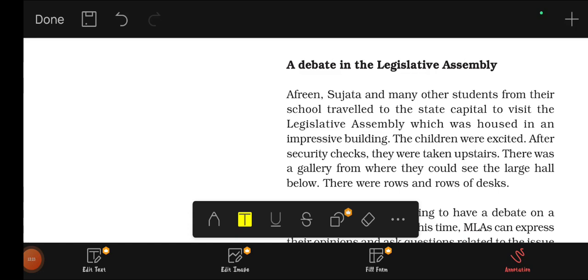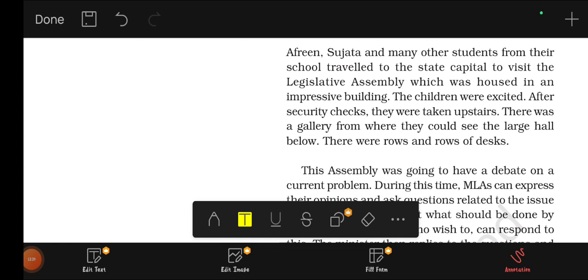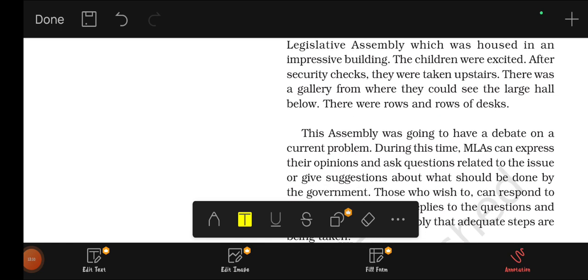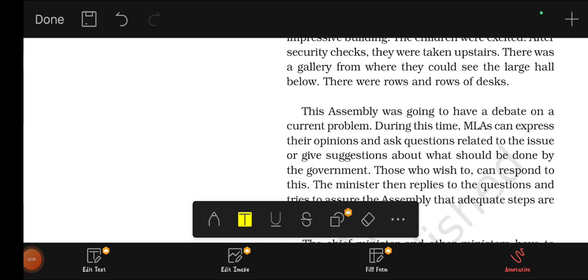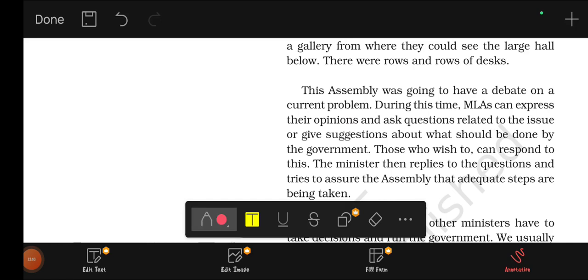So how exactly does the debate happen? During assembly time, MLAs can express their opinion and ask questions related to issues or give suggestions about what can be done by the government.